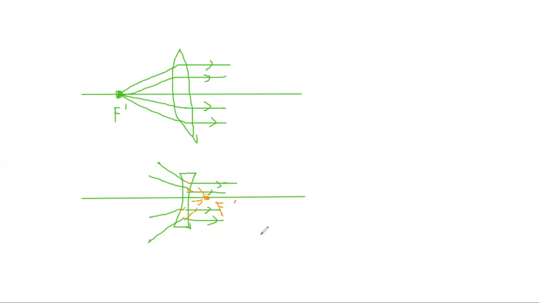So in case of a concave lens, if the rays become parallel after refraction, then the incident rays appear to converge at a point, right? And this point is known as the first principal focus. In both cases I have drawn the first principal focus, and in the previous case I had drawn the second principal focus.